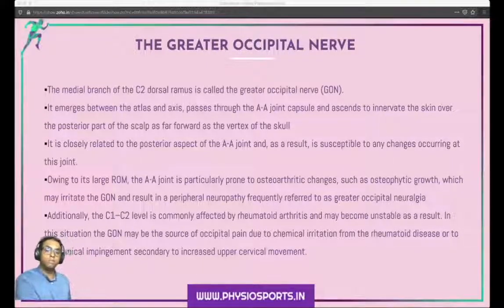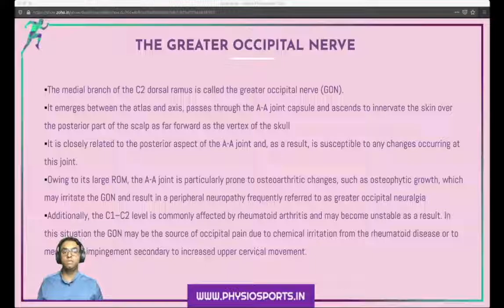Owing to its large range of motion, the atlantoaxial joint is particularly prone to osteoarthritic changes, such as osteophytic growths. Now, those osteophyte growths or spurs may irritate the greater occipital nerve and result in peripheral neuropathy, frequently referred to as greater occipital neuralgia.